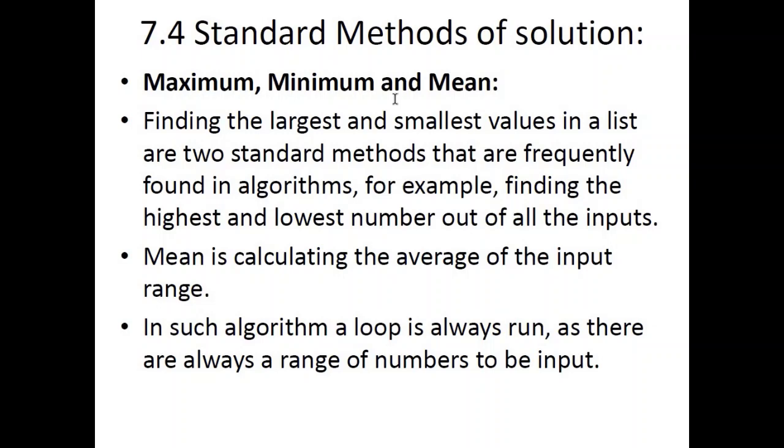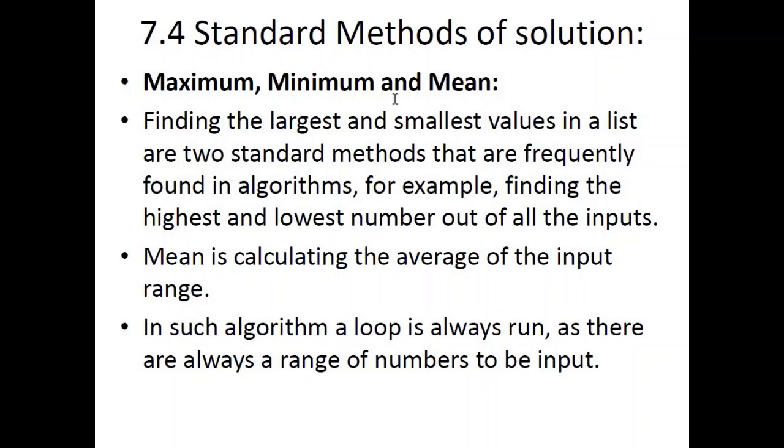For example, finding the highest and lowest number out of all inputs, finding the least marks and the maximum marks gained in an exam, finding the most expensive item and the least expensive item, or finding the highest temperature or the lowest temperature, and so on. Mean is the calculating of average from the inputted range.